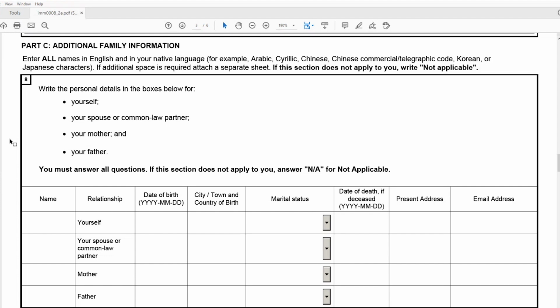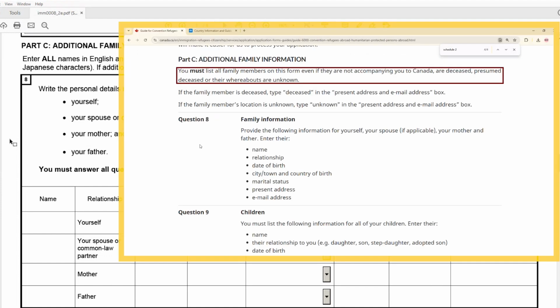Now, whenever you insert somebody's information on this form, it should match the information that you have provided for them on the generic application if they are your immediate family. The guide tells you you must list all family members on this form, even if they're not accompanying you to Canada, or if they're deceased or presumed deceased, or if you don't know where they are.